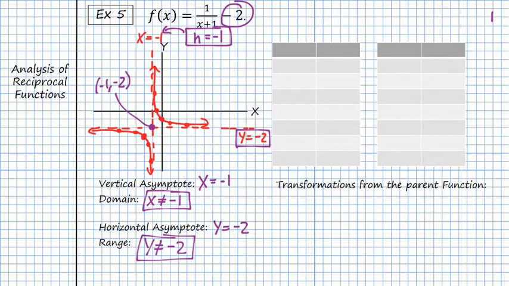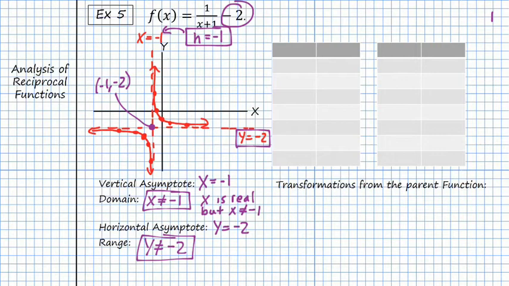So now we're doing exclusionary domains. So what we're saying really when we say something like this is that x is real, but x cannot equal -1. So it can be any real number except for -1, and the same thing goes for y here.